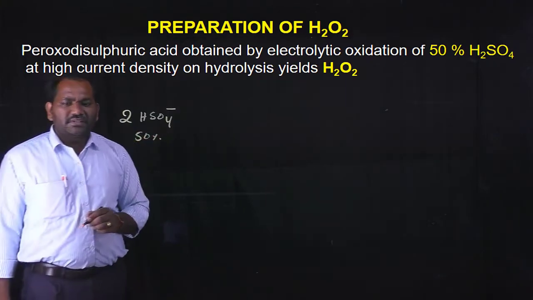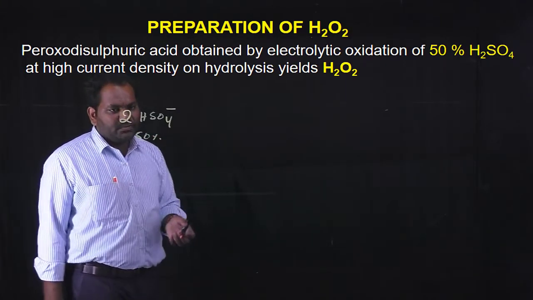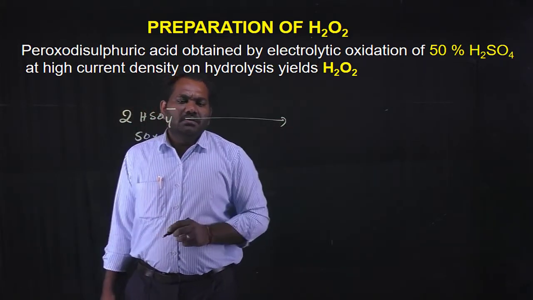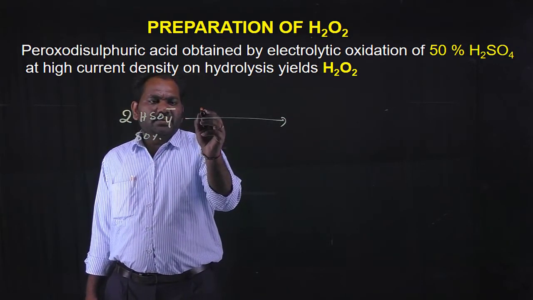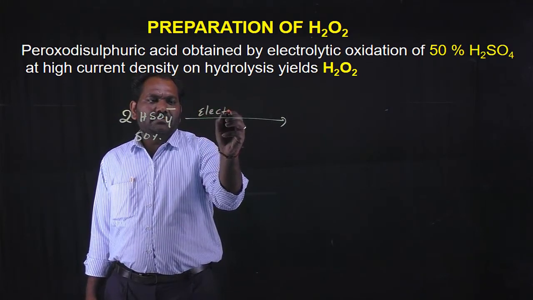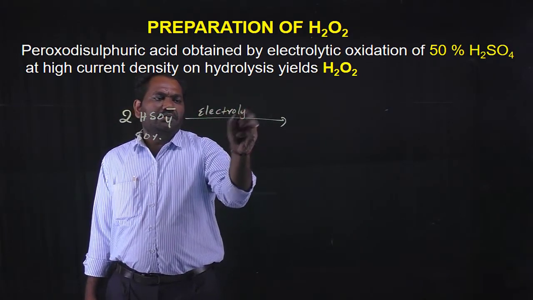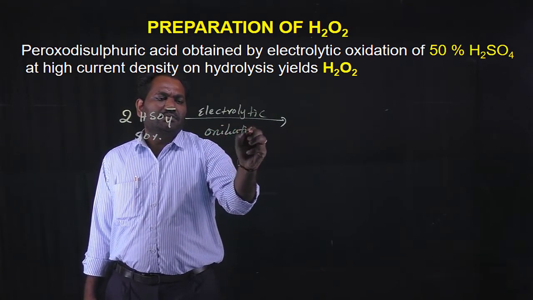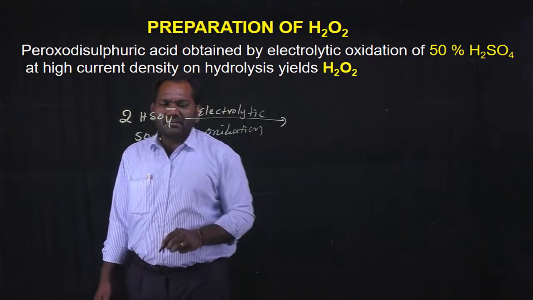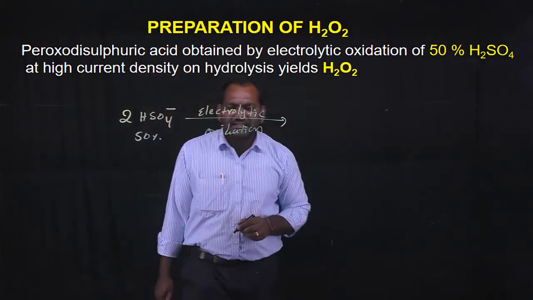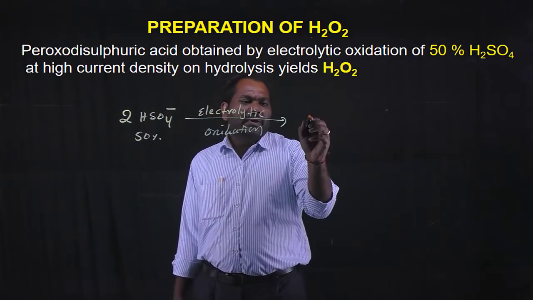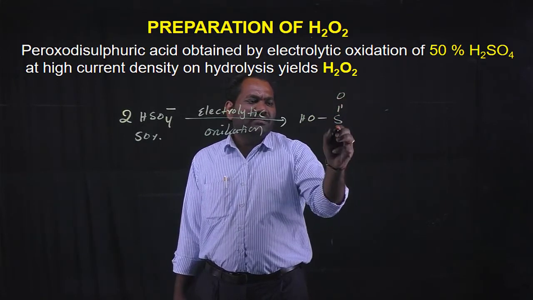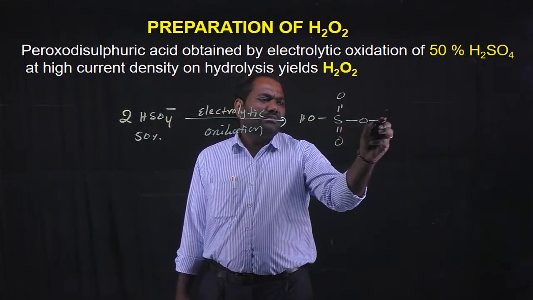Okay, here the reaction is, first of all we have to do electrolytic oxidation of 50% H2SO4 or HSO4 minus. On electrolytic oxidation of 50% sulfuric acid we get peroxysulfonic acid.